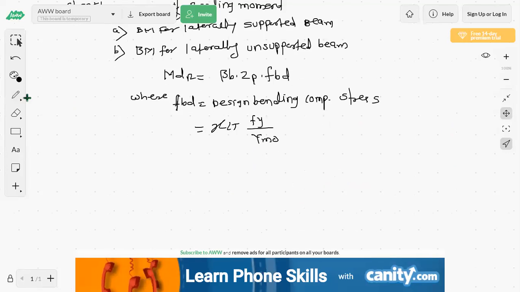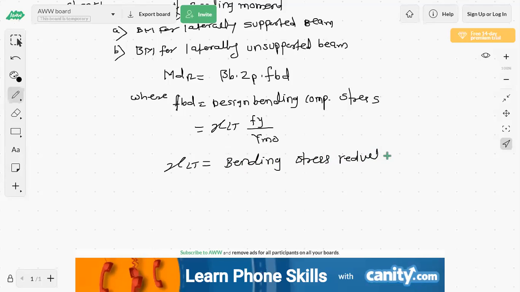Zeta LT is the bending stress reduction factor. Due to torsional effect, the bending stress will be reduced. So how to calculate zeta LT?